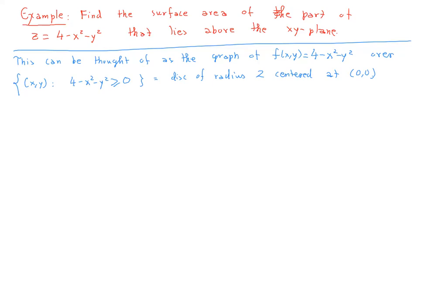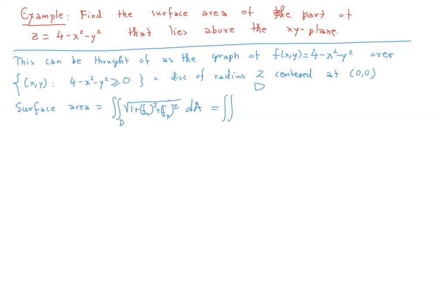So the surface area, if we call this domain D, is going to be the double integral over D of the square root of 1 plus f sub x squared plus f sub y squared dA.